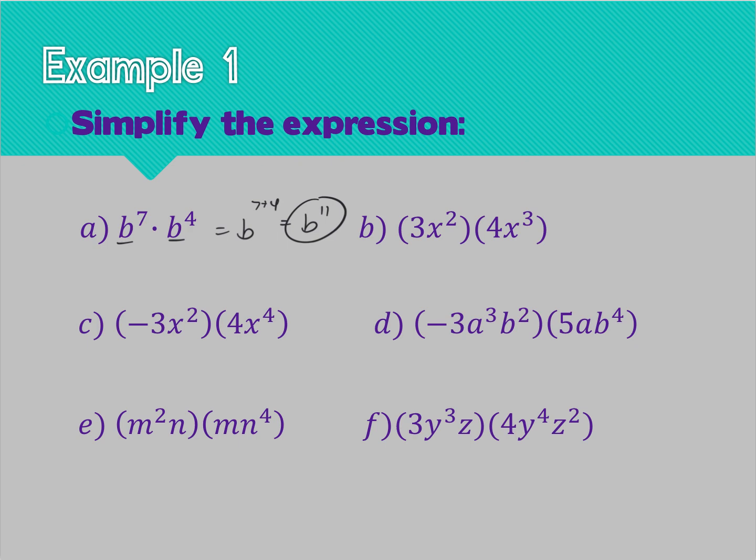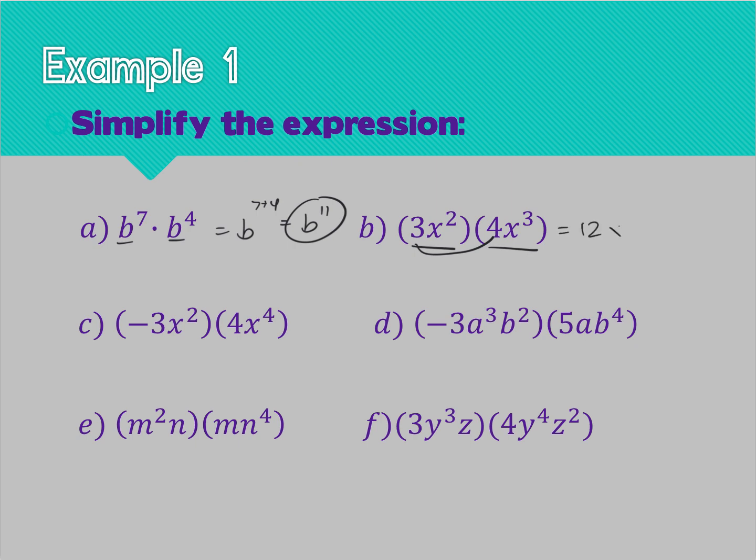Now, when I go to example b, notice it's a little bit different. Notice I have 3x squared times 4x cubed. So what happens is we're multiplying this times this. Notice the numbers, we've got 3 times 4. Well, I can just multiply my numbers. 3 times 4 is 12.